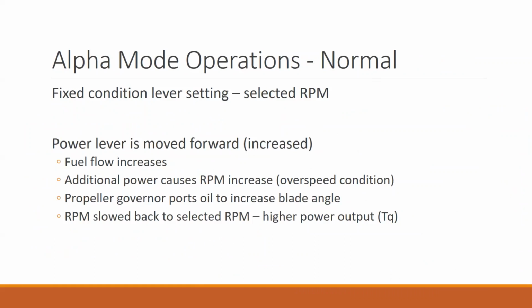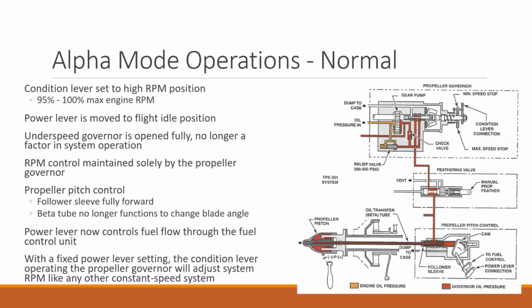and that's going to port oil. The prop governor now is going to, when these get in an overspeed condition, it's going to port oil pressure down. It's going to take oil pressure that's right here, and it's going to port it. It's going to block this off as we get in an overspeed condition.